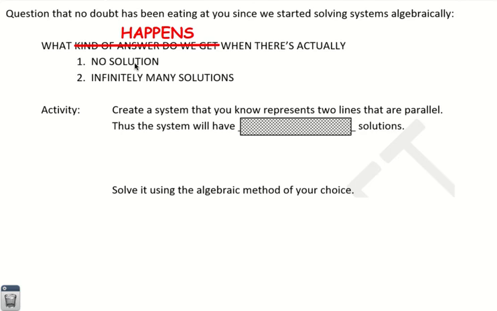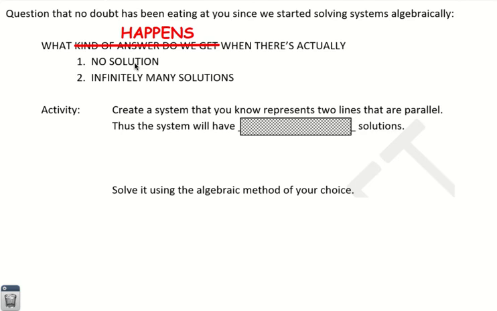Because remember, a system of equations could have one solution, which admittedly happens most of the time in high school problems. But you could also have no solution or infinitely many solutions. And we know how to recognize that with the graphing method.